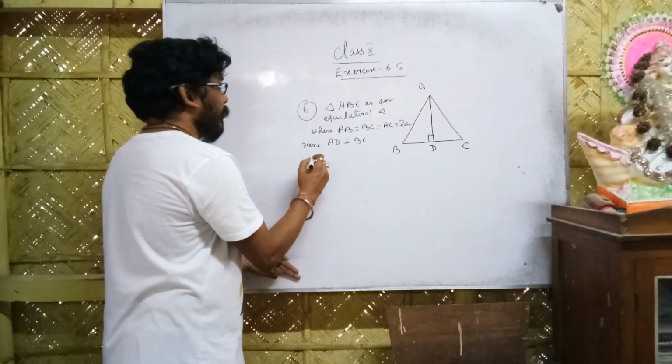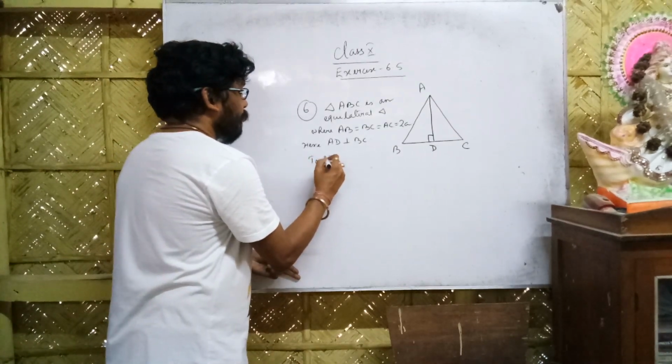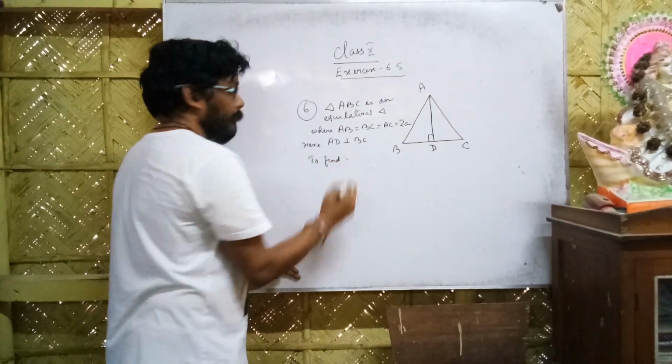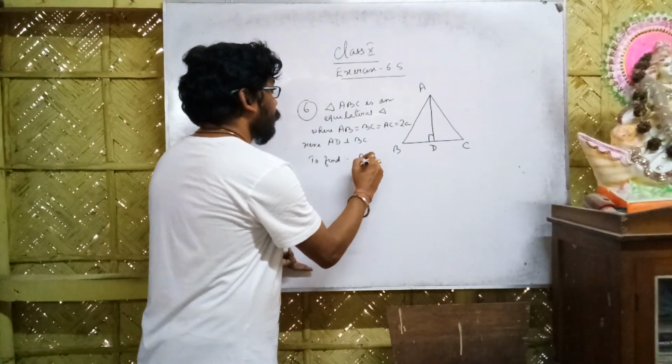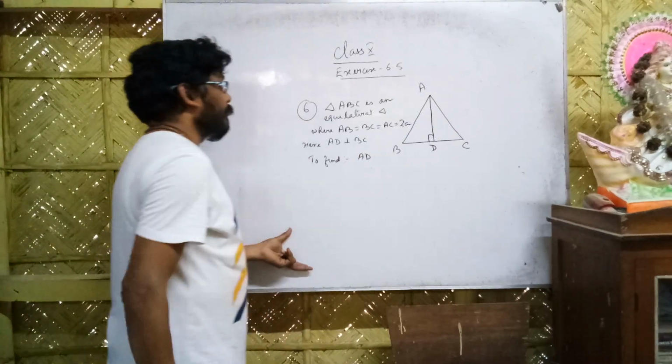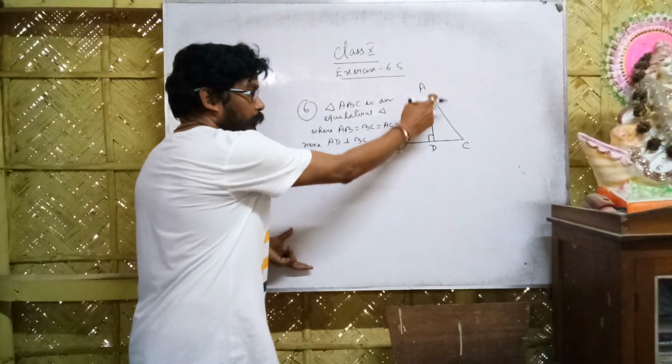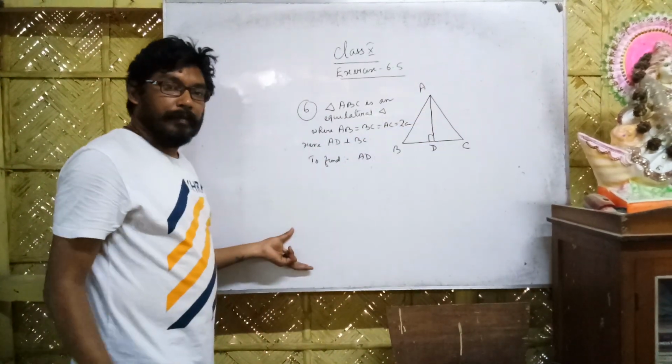Here AD perpendicular BC. To find the length of AD, because if you find out the length of AD, the other altitudes will also measure the same.